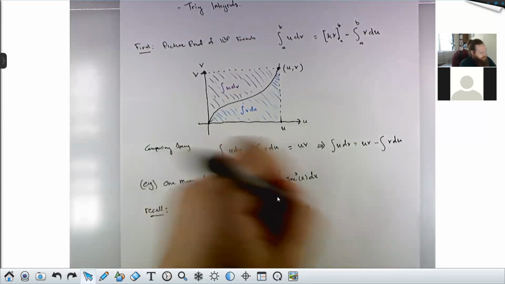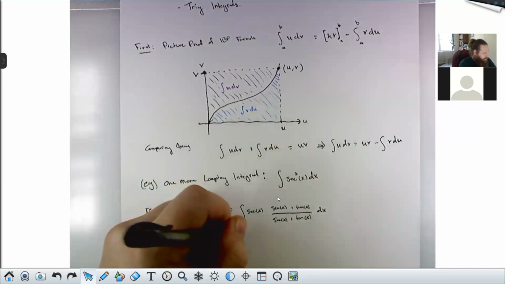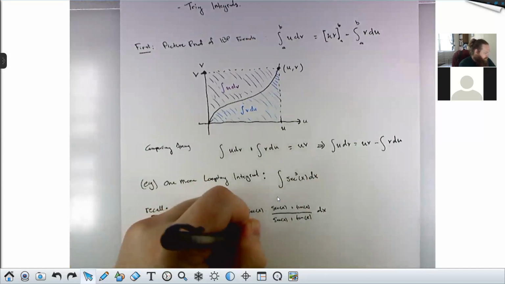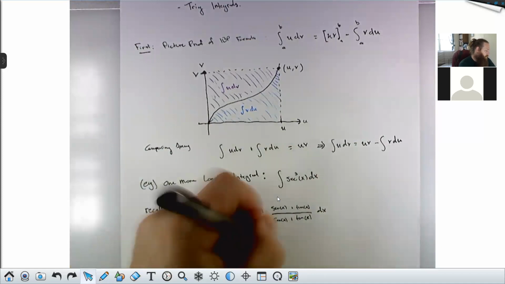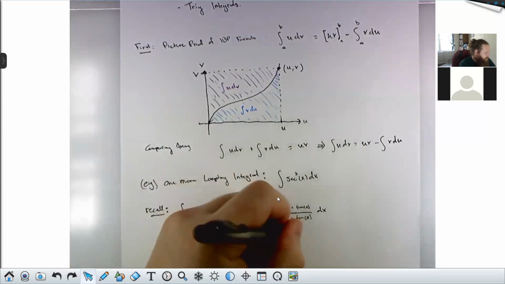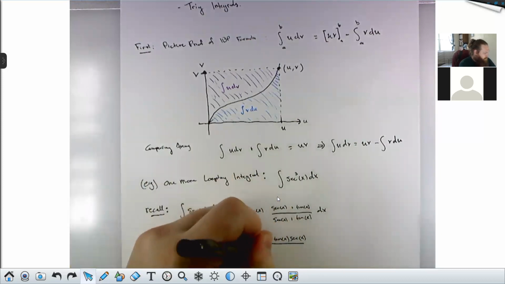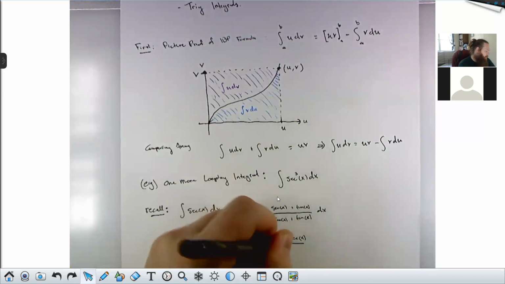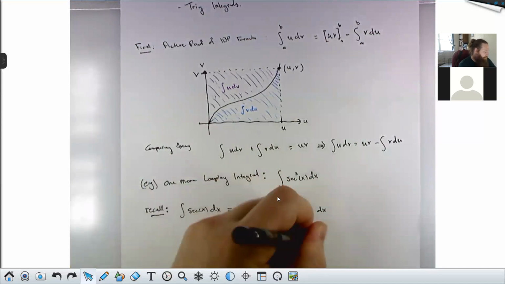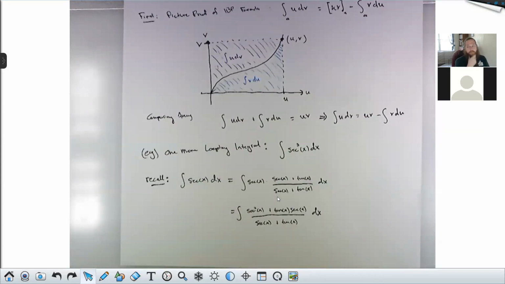It's a very sneaky trick, and nobody goes through this every time they need the integral of secant. Then you distribute the secant upstairs and you get secant squared x plus tangent x, secant x. I should have written secant tangent anyway. And then downstairs you still have your secant x plus tangent x. Is this ringing any bells? Does anybody remember this at all?